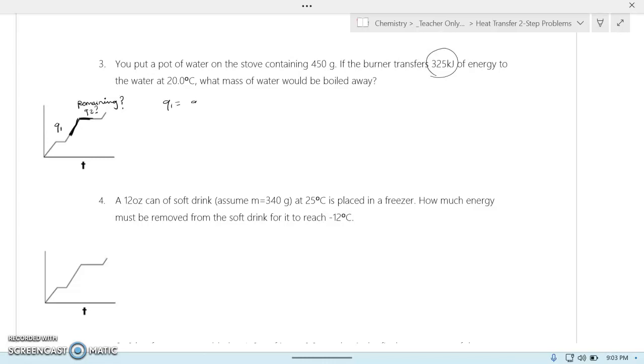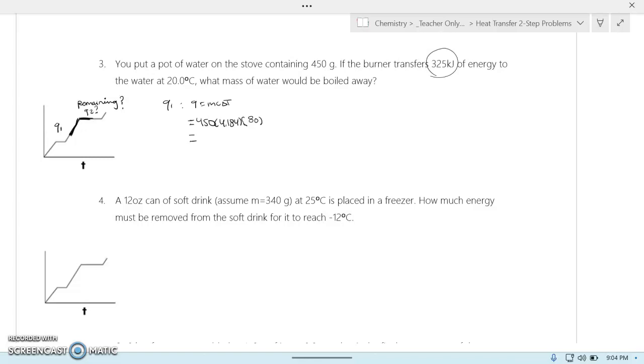Okay, so we will start with Q1. That's Q equals MCΔT. It's in the water section. So we've got our mass, we've got our specific heat, and we're going to go from room temperature 20 all the way up to the boiling point, which is 100. So that would be an 80 degrees increase.